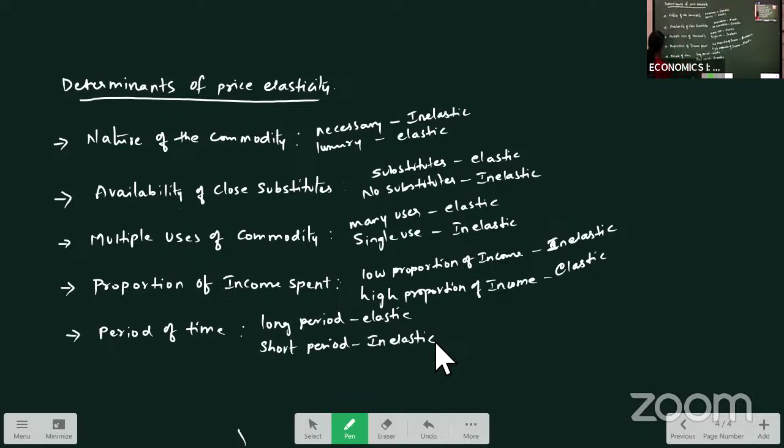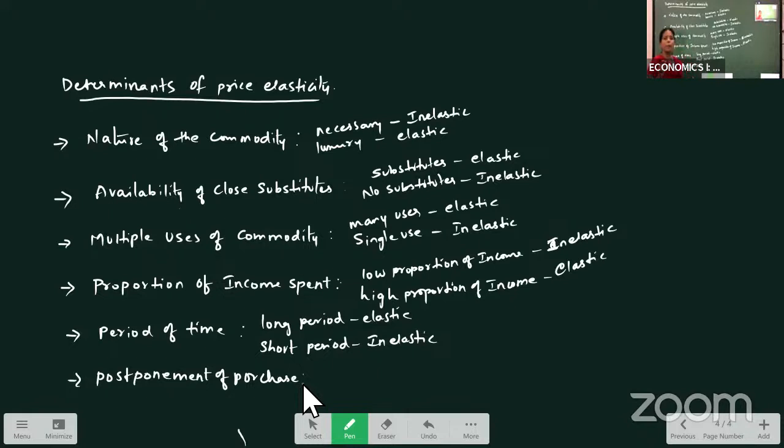And the next determinant is postponement of purchase. For example, if you want to buy a car, right? If the price of the car increases, you will wait for the price to decrease. These goods are not compulsory. If you're planning to buy one, you can postpone it and wait till the price changes.